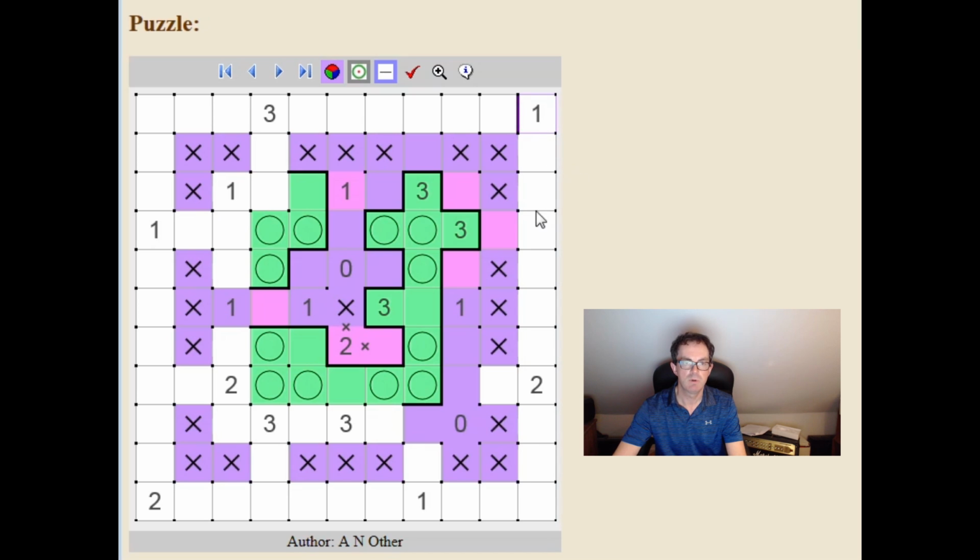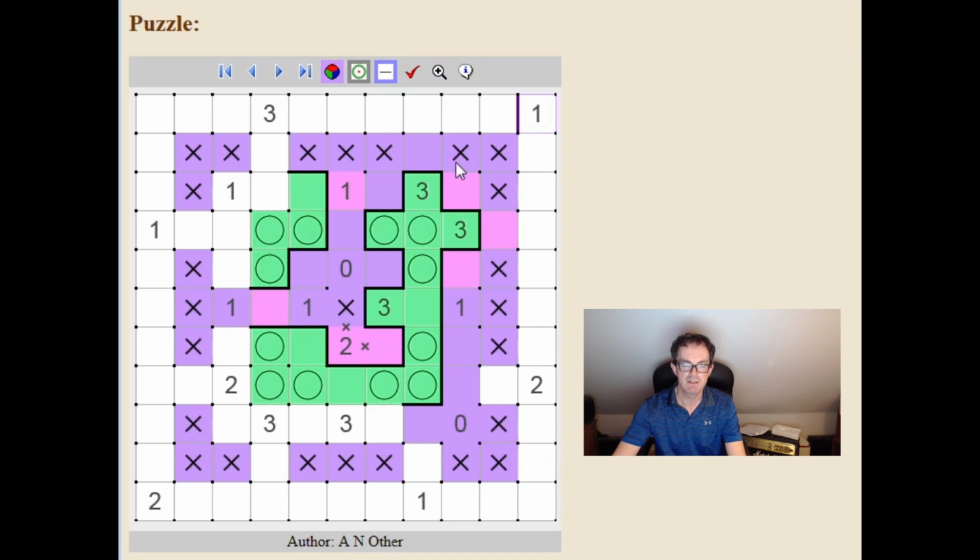Now, bearing in mind what we've said before, which is that when we have a line segment, one side of it will be one colour and one side of it will be another. Let's think about that in the context of this green area. Is it possible this green area connects to this green area by coming across the top of the grid?